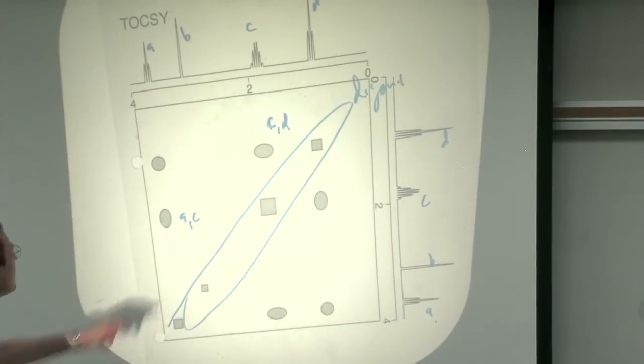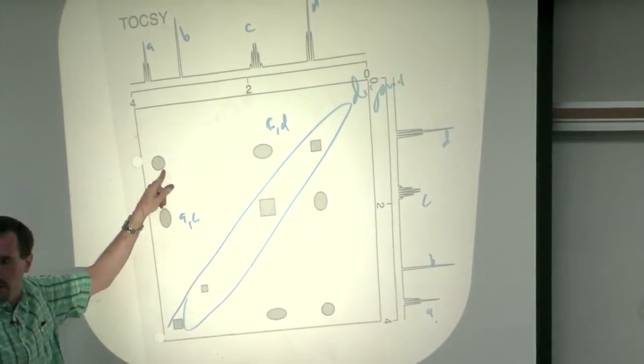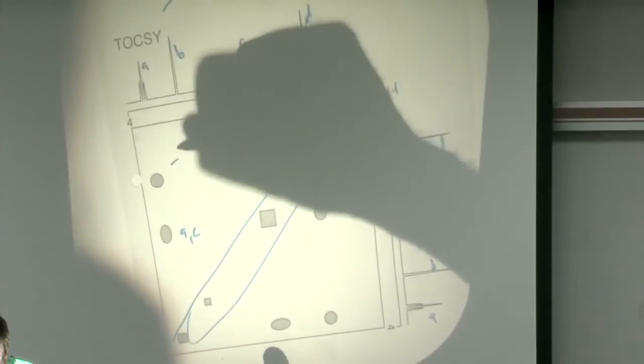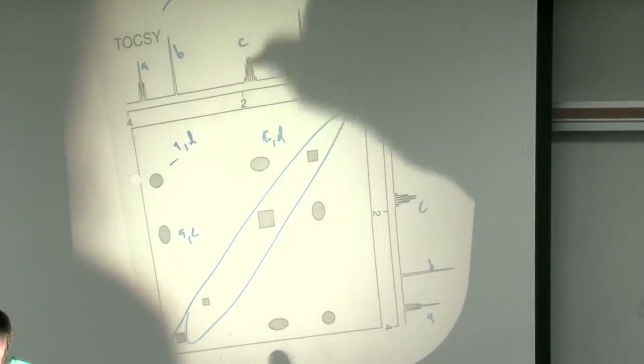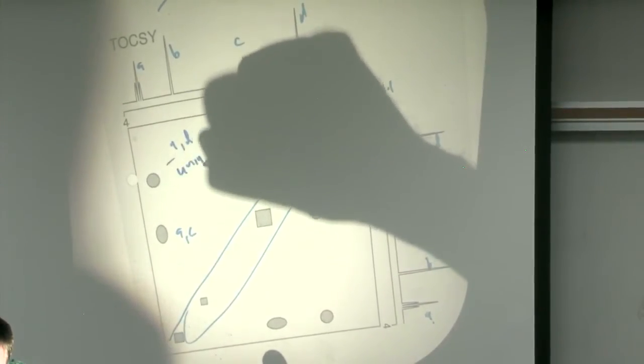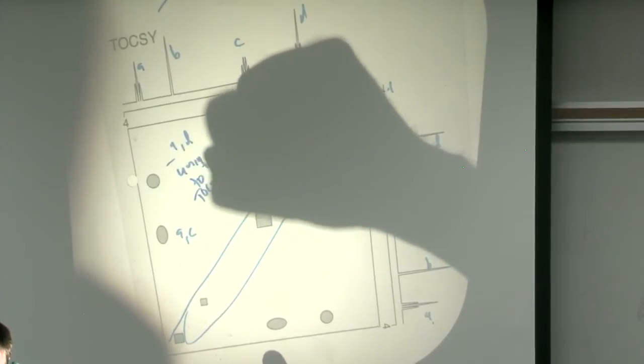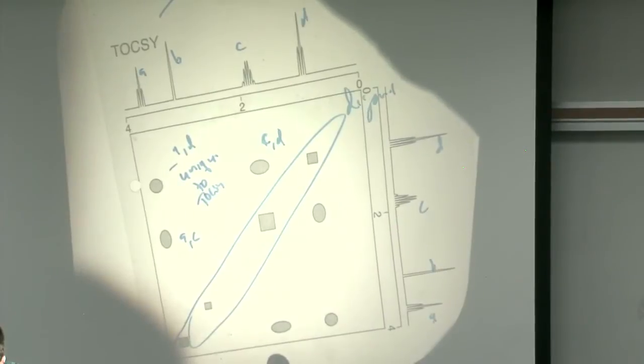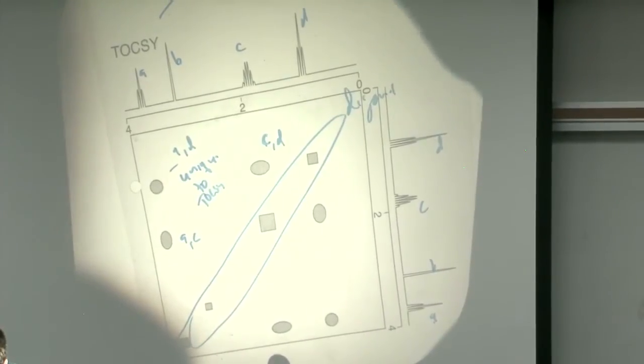But now you get this one additional cross peak. So you get A to D. That's unique to the TOCSY. And that's that cross peak between these two here.